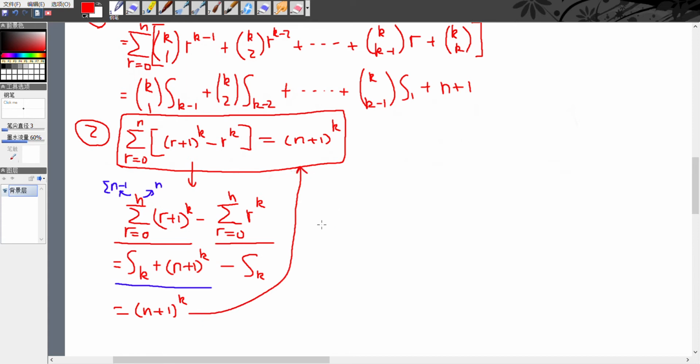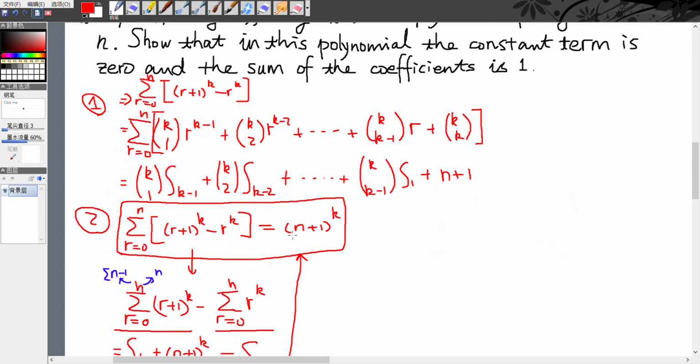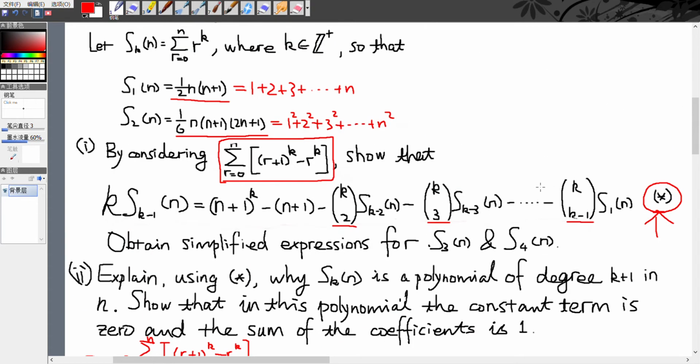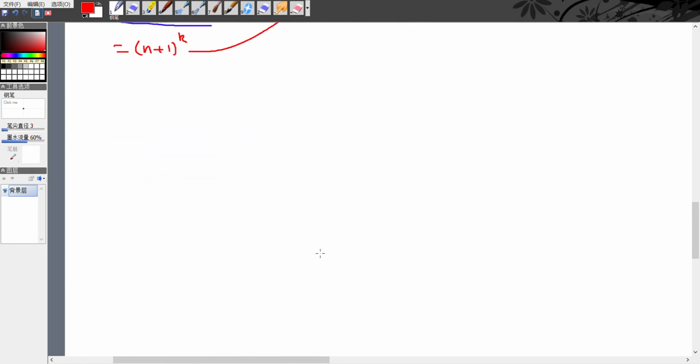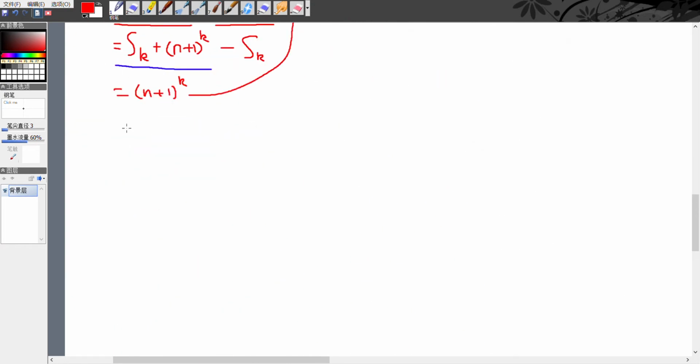Which actually meets our condition. And by equating 1 and 2, we will have the star relation right here, which I'm not willing to write down because it's too long and too messy.